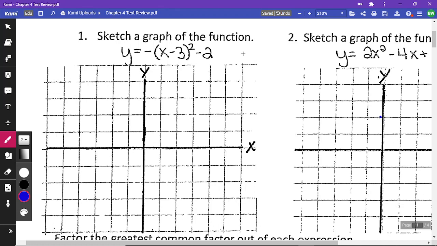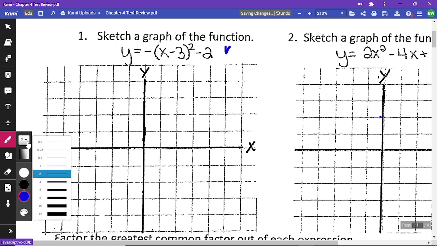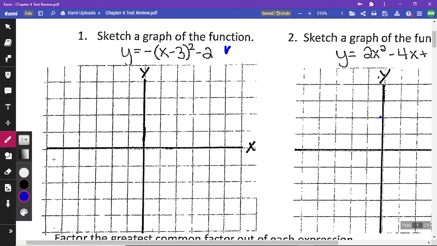So we want to find the vertex first, and I'm just going to have to squeeze this in where we can. We look inside the parentheses for the vertex.